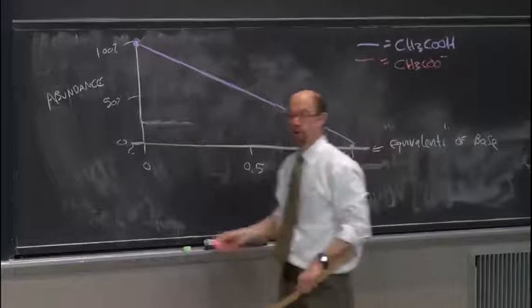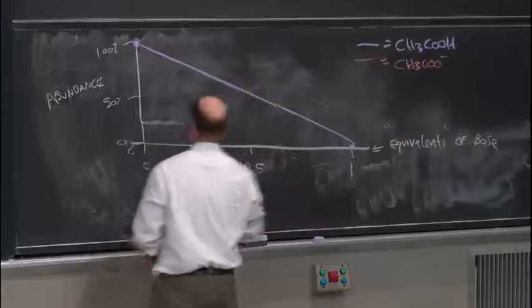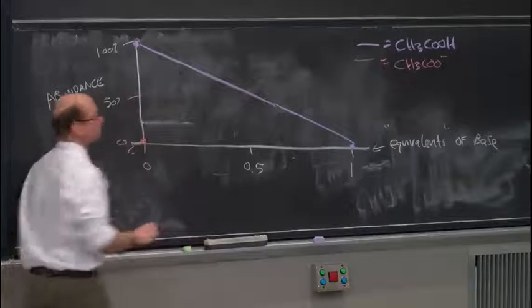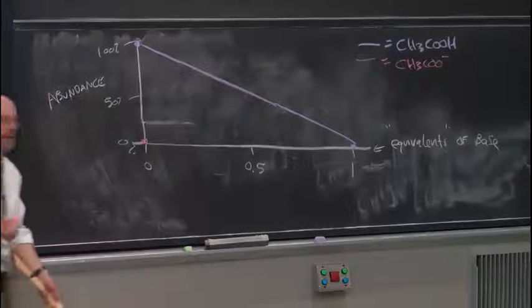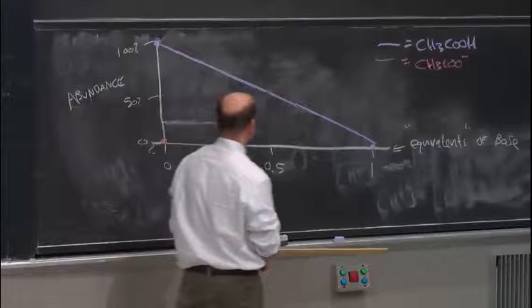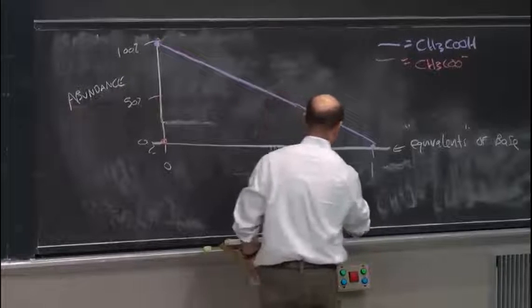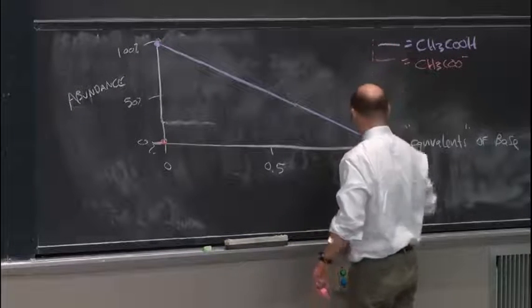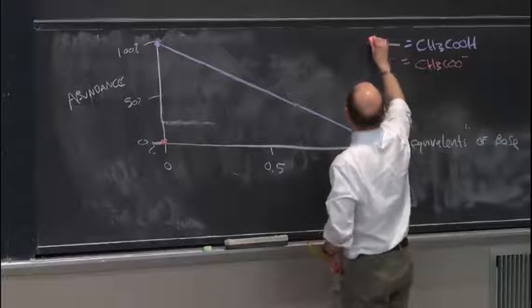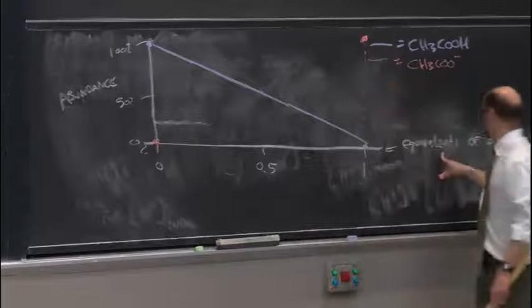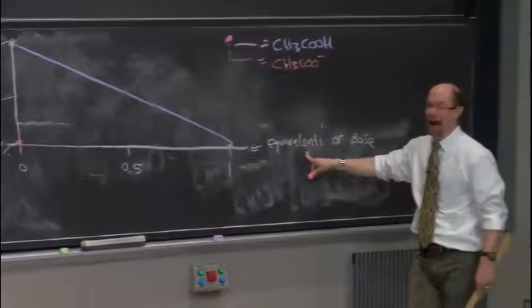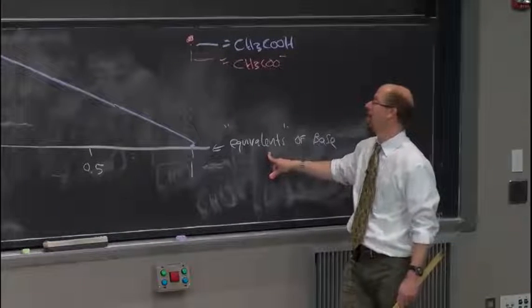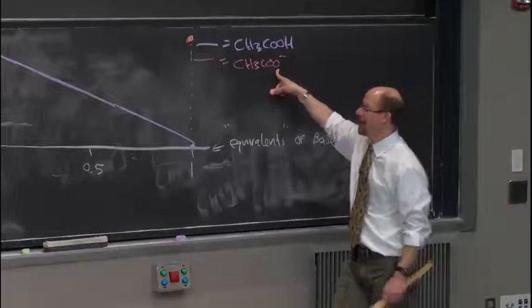Conversely, at the very beginning I have almost no acetate anion because acetic acid, as we've gone through, is a really weak acid. Once I add enough base, a complete equivalent to all the acid, I've basically consumed all the acid, and now everything I have left must be the acetate anion.